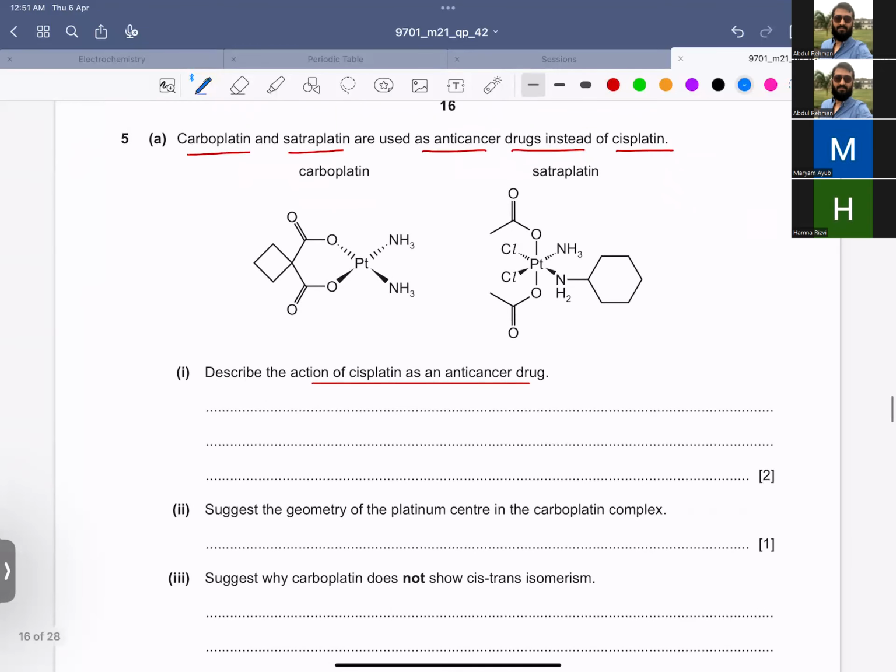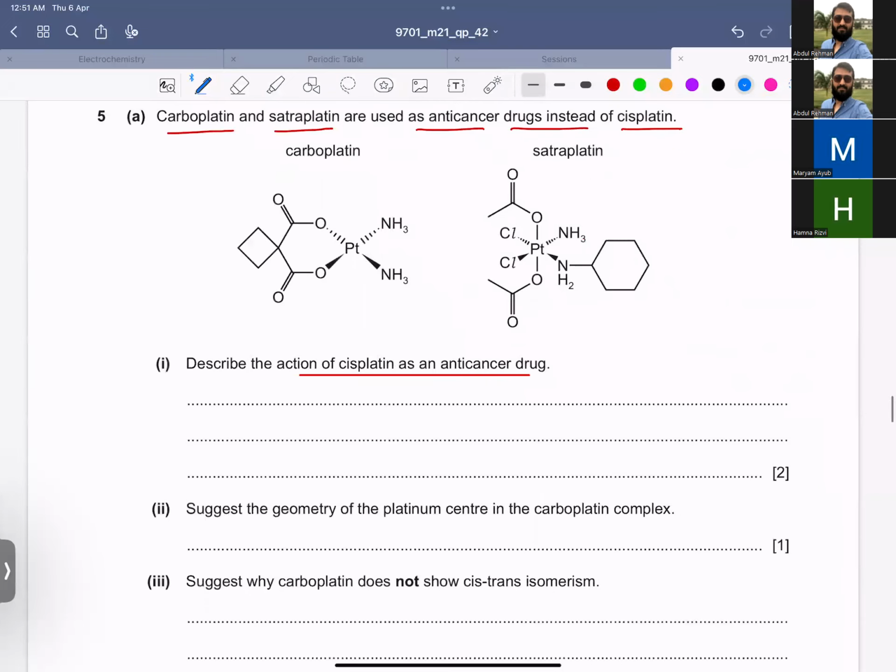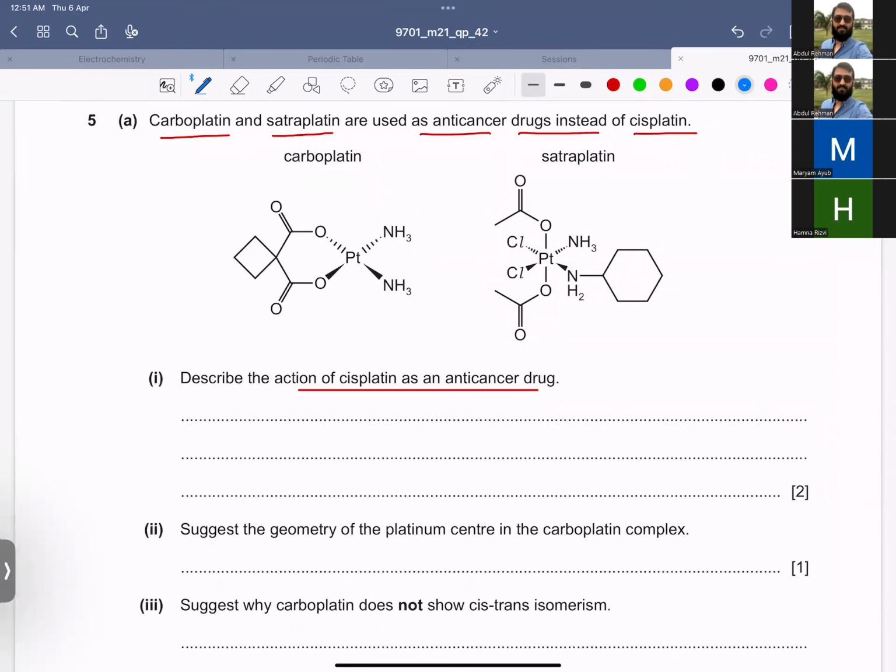It binds with cancer cells. And what are those cancer cells? More specifically, we can say it binds with DNA and then it prevents the replication of that DNA, which is actually causing the cancer. So it stops cell division.